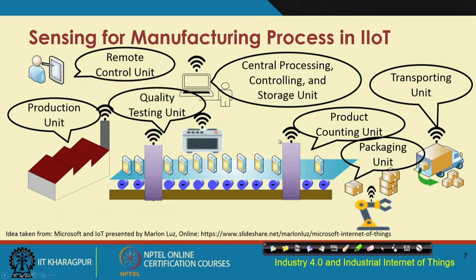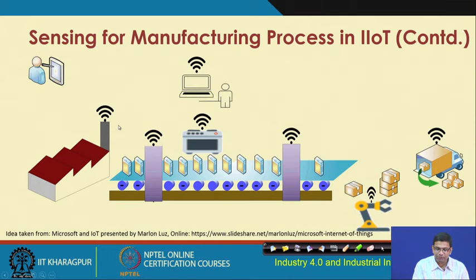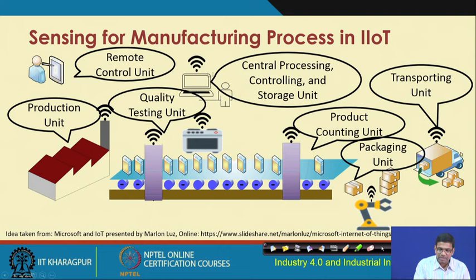So, they can sense and they can send the information somewhere. Typically, all this information from all these different units is going to be sensed and sent to the central processing unit or central controller or the storage unit. Either it is going to be sent directly or through multi-hop communication, maybe through this particular node, which is an intermediate node, which is going to collect all this data from all these different points in the manufacturing plant and send it over to the central processor.